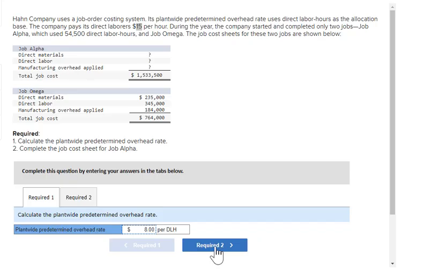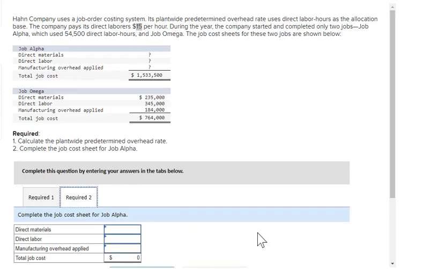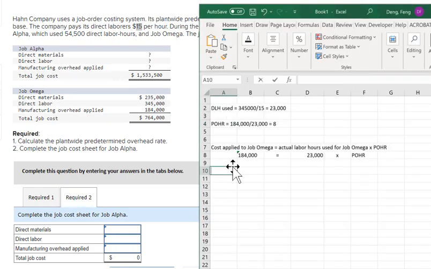So once we have the rate, we'll need to know how much cost we're going to apply to job Alpha. Well, we know for Alpha the direct labor cost.